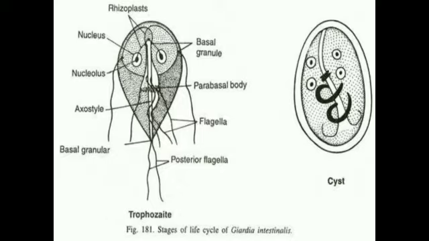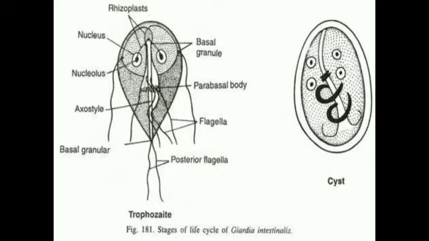The trophozoite measures around 15 micrometers long, 9 micrometers wide and 4 micrometers thick. Dorsally it is convex and ventrally it has a concave sucking disc, which helps its attachment to the intestinal mucosa. The trophozoite is bilaterally symmetrical and possesses one pair of nuclei and 4 pairs of flagella.